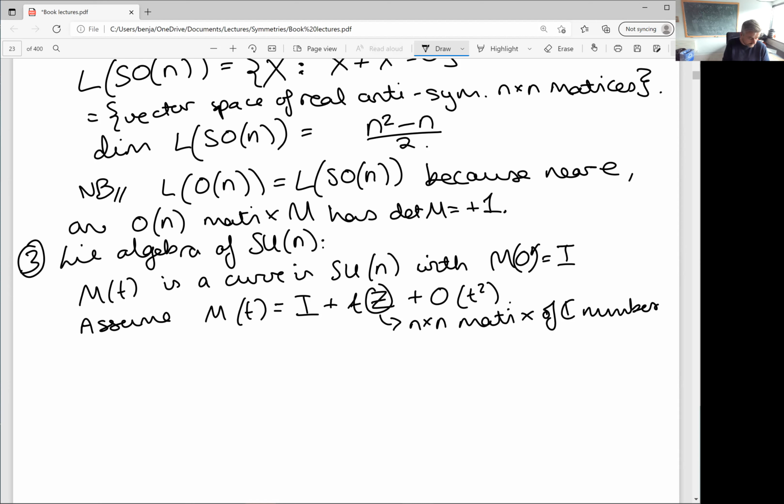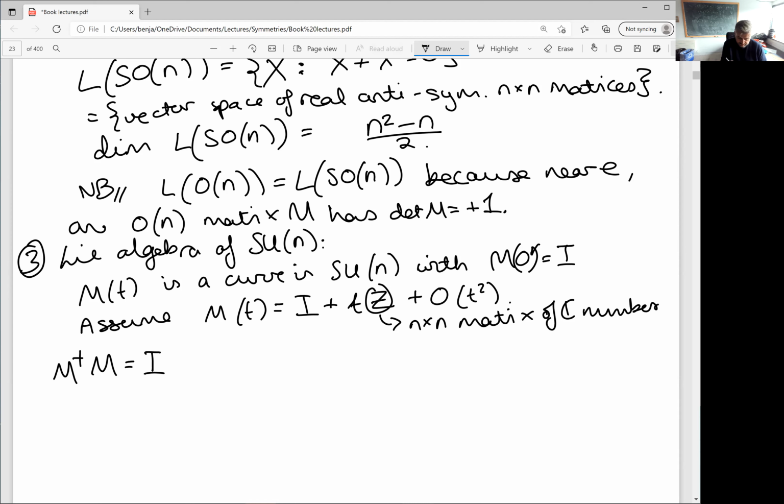And here our constraint is that M dagger M has to be the identity. That's the SUN constraint. One of them anyway, it's the UN constraint actually.